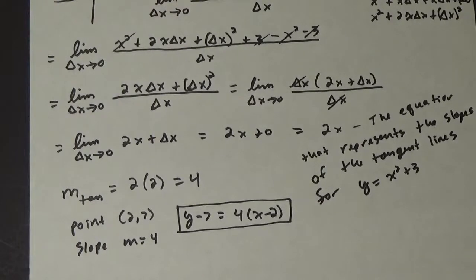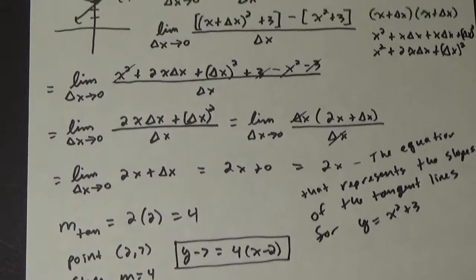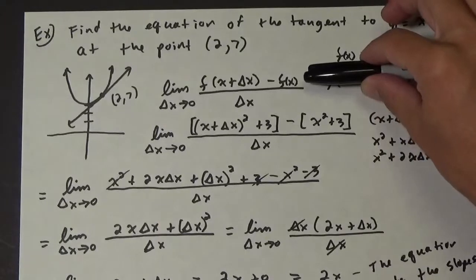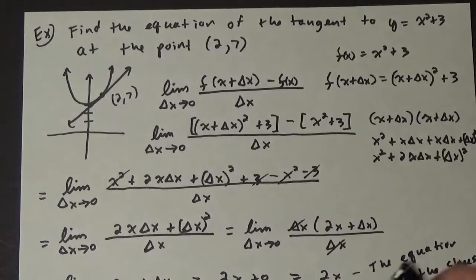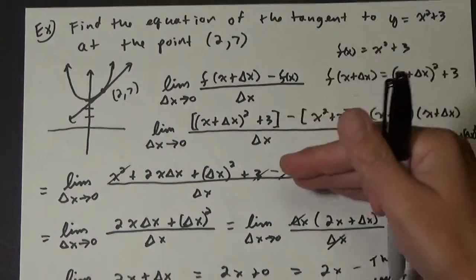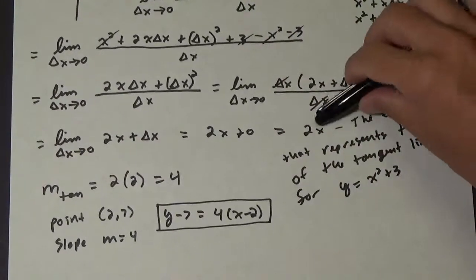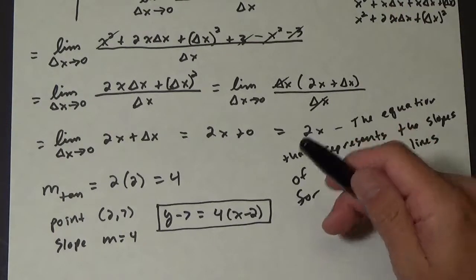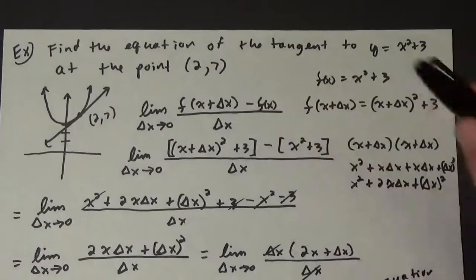Okay, so we went through this whole process. We have our little, what we're going to call a limit that helps us find an equation that represents the slopes of tangent lines. We went through the process of evaluating this limit, and we ended up with this equation here, 2x. And so this 2x can be used to find the slopes of x squared plus 3.